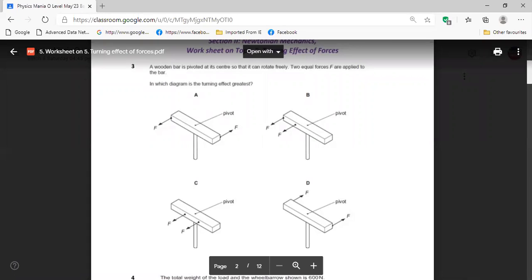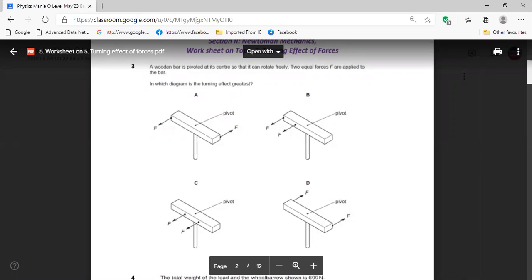I'm not sure exactly. Is it A or B? I'm getting confused. In A, you see, you are getting the distance from the pivot. Yes, the distance from the pivot is most for both the forces. Oh, now I got it.